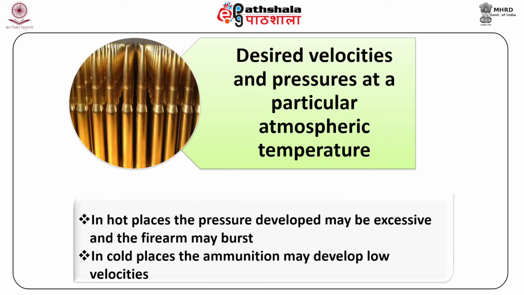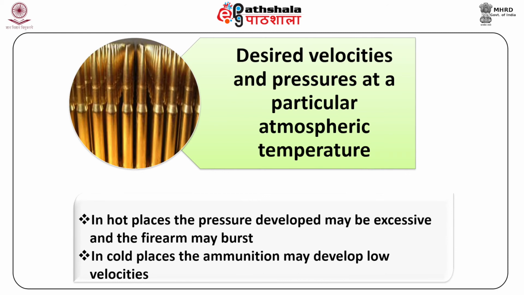If temperature variations are substantial, for example in Ladakh or in the Rajasthan desert, they affect the ballistic aspects of the ammunition. In hot places, the pressures developed are excessive and the firearm may burst. In cold places, the ammunition may develop low velocities.